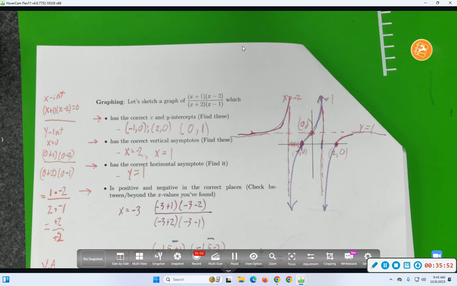Is it even or odd? No. It looks like for each y value we see 2 different x values. So if you were asked to solve this thing is equal to some y value, it looks like you usually get 2 different solutions. I guess that makes sense because it's quadratic.